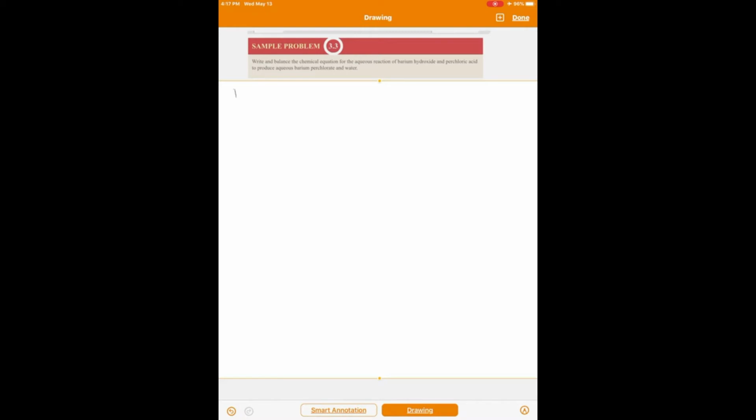Barium is in group 2, so that means it has a charge of +2. Hydroxide is a polyatomic ion, so it has a charge of -1.